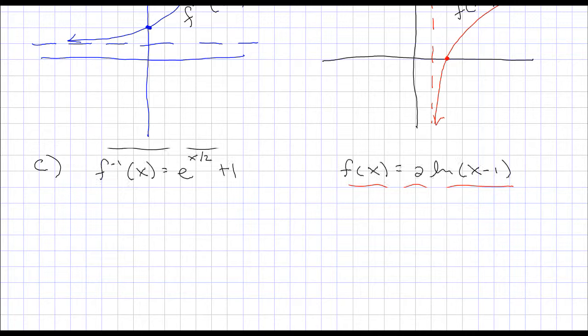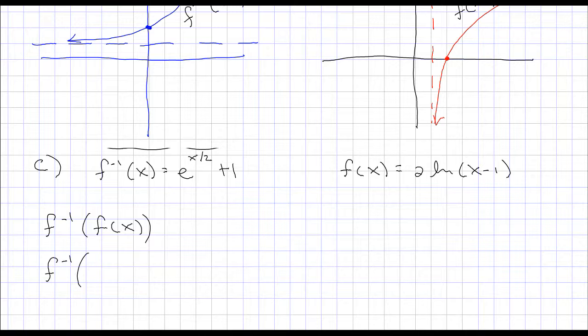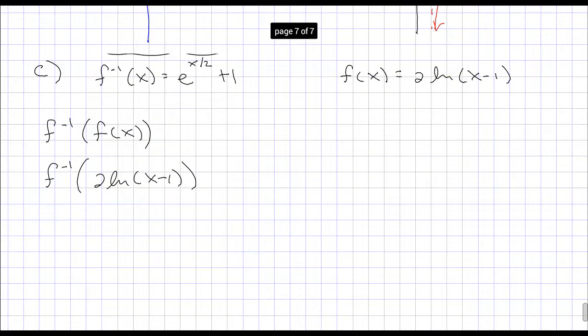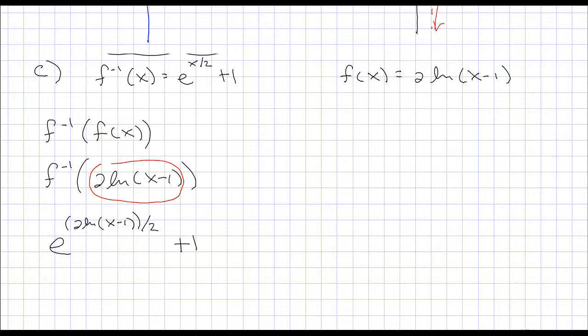They want us to first show that f inverse of f of x. f of x is 2 ln of x minus 1, which means we are going to plug that into f inverse. So e to the 2 ln of x minus 1, divided by 2, plus 1. I took this and plugged it in for x.